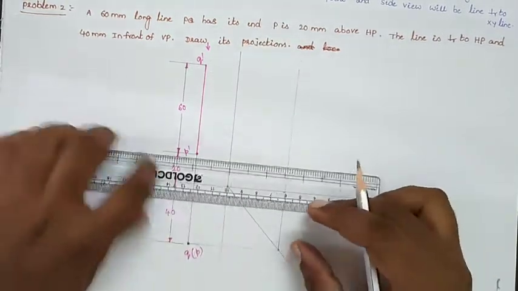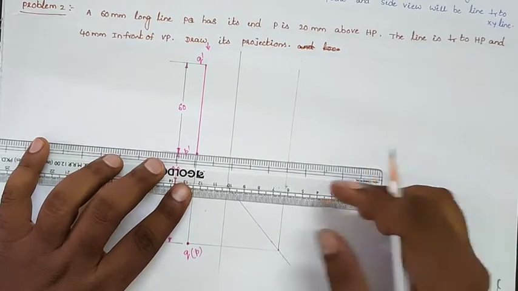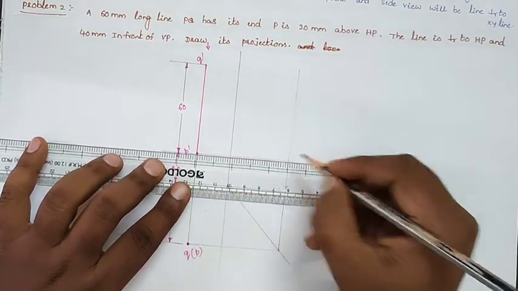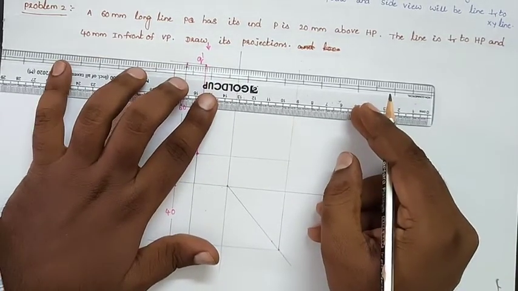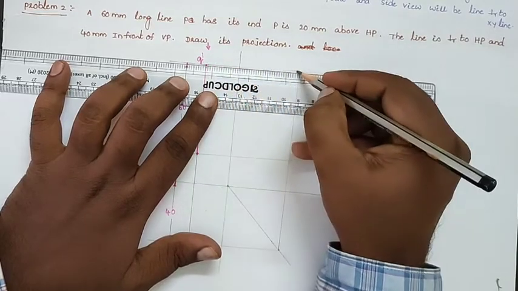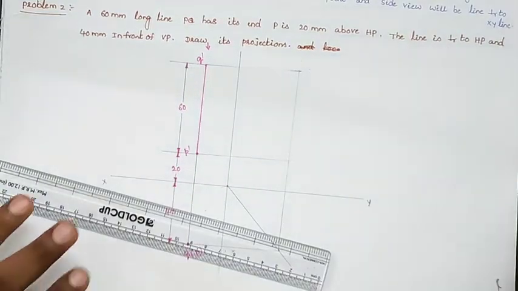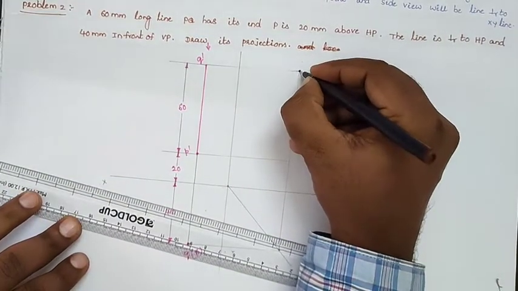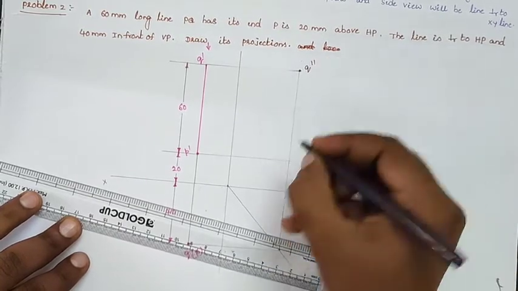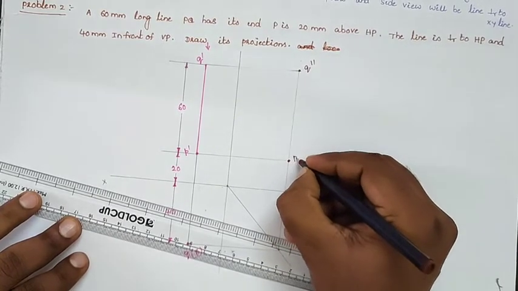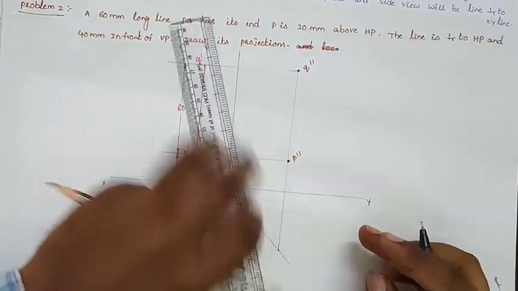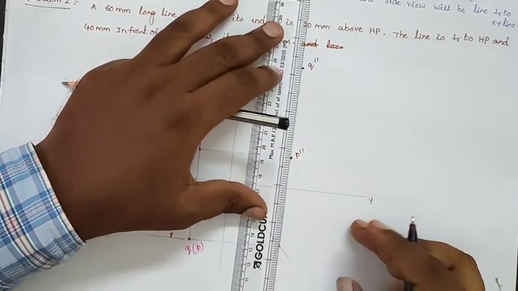From the points on the front view, we will draw the horizontal projection lines. From point P dash and also from point Q dash, we will draw the horizontal projection line and locate Q dash, and here you can locate P double dash. Make it thick because it is a side view.